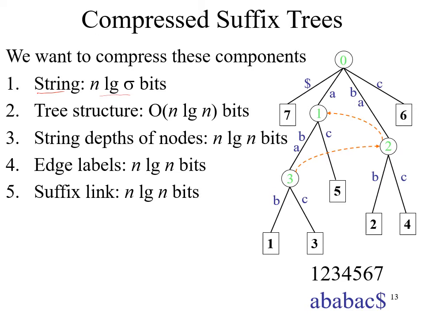Okay. So if we use naive or standard data structures to represent the tree, then it uses order n log n bits. And for each internal node, we store string depth. There are at most n-1 internal nodes. So the space is n log n bits, because the depth is, in the worst case, n.